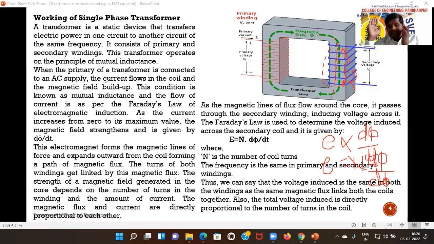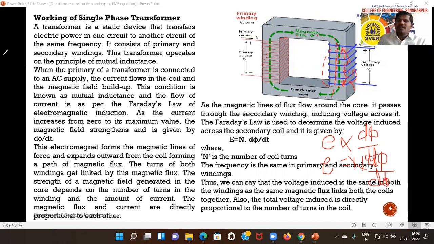Thus, we can say that the voltage induced is the same in both the windings, as the same magnetic flux links both the coils together. Also, the total voltage induced is directly proportional to the number of turns in the coil.